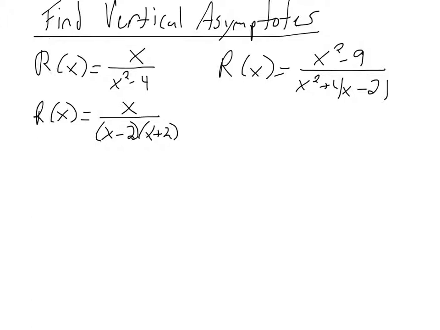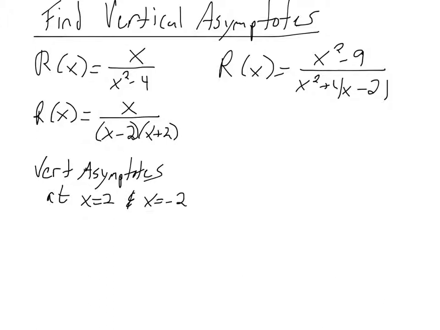So the vertical asymptotes are going to be at where? 2 and negative 2. X equals 2 and x equals negative 2. Yep. And in a second, we'll go ahead and graph that and just confirm that that actually is the case.